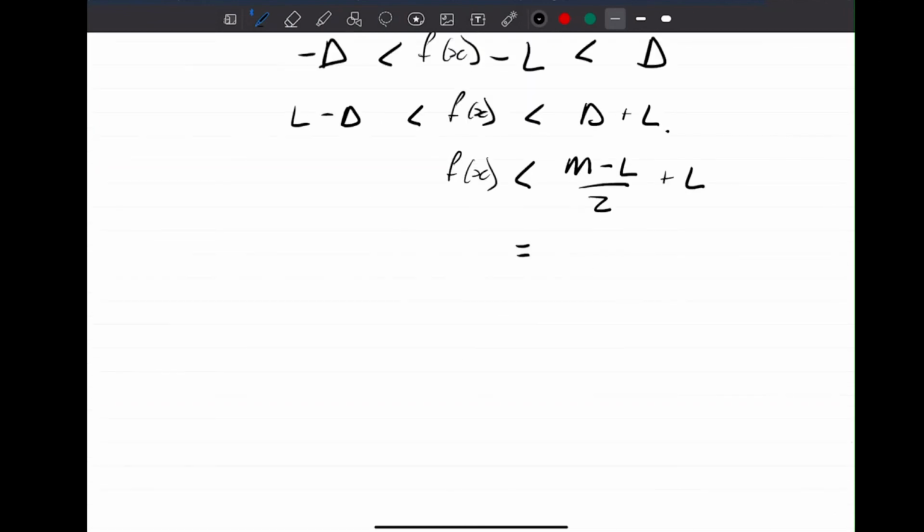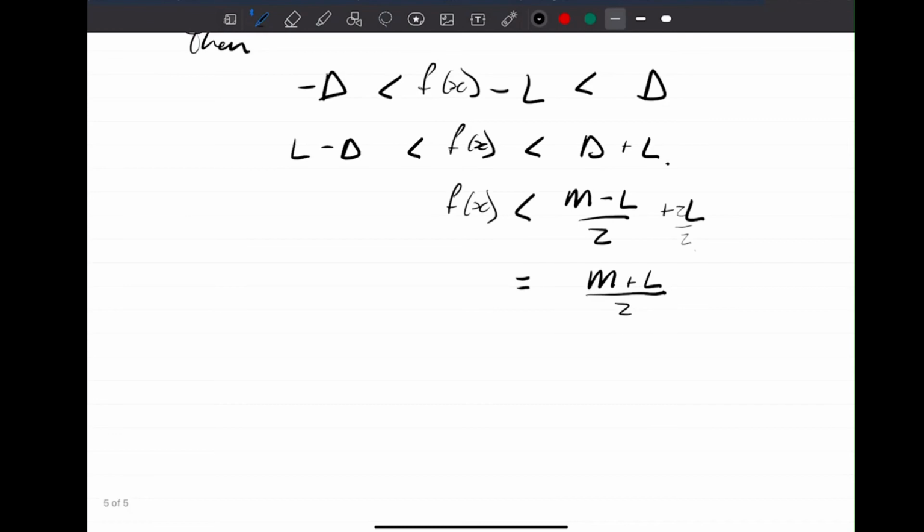And let us simplify that. That's going to be 2L over 2, and we're subtracting one of the L's, so that becomes m plus L over 2. So let us write it this way: f of x is less than m plus L over 2.